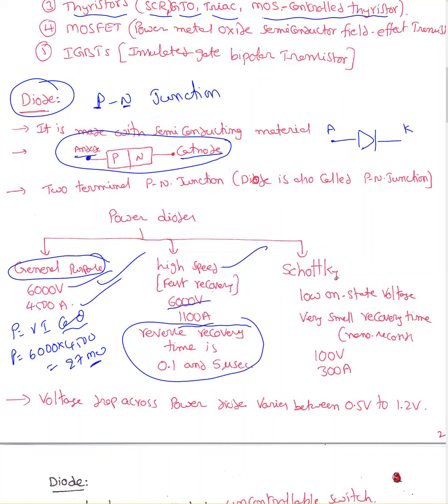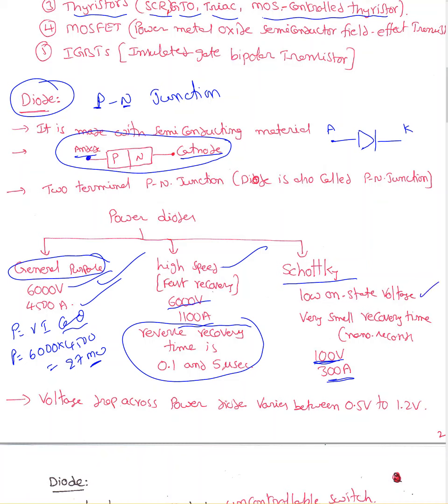Now, the third one is the Schottky diode. The Schottky diodes can handle only 100 volts and 300 amperes, with low on-state voltage drop. A regular diode has a voltage drop of up to 0.7 volts.